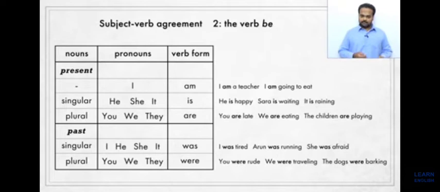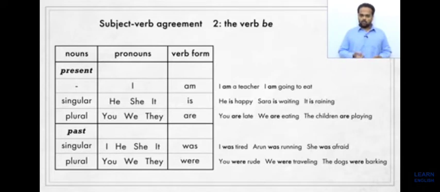In the past, the rules are different. For singular noun subjects and for the pronouns I, he, she, and it, we use was. I was tired. Autumn was running. She was afraid. And for plural subjects and the pronouns you, we, and they, we use were. You were rude. We were traveling. The dogs were barking. You see that some of these sentences have continuous verbs.